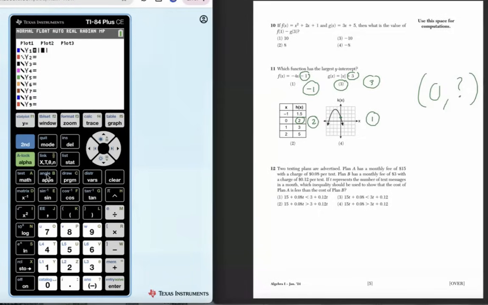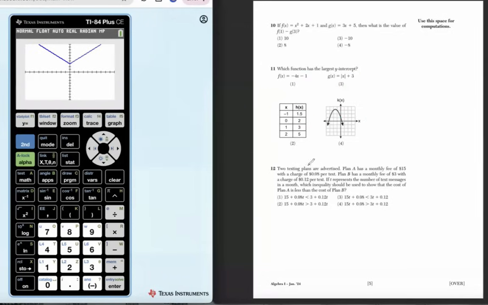So now we have absolute value of x, and we're going to add 3. And so now we can take a look at the graph. So notice this shifts the absolute value function up 3 units. Therefore, the y-intercept is 3. So that's how we know the y-intercept for all 4 of these answer choices, and the largest one is choice 3.